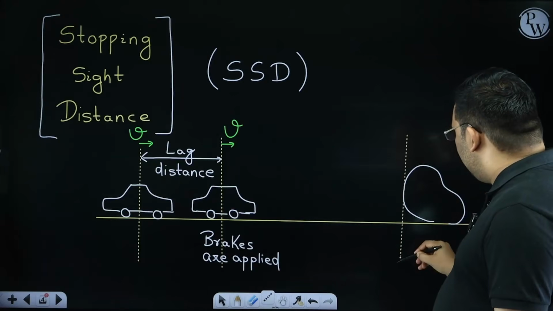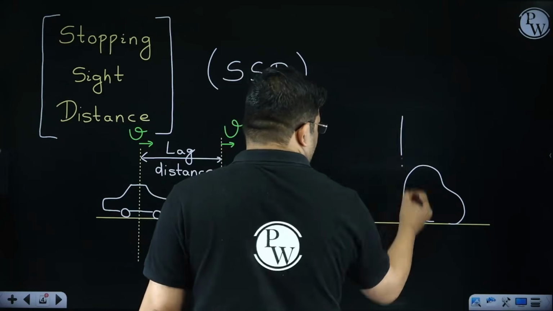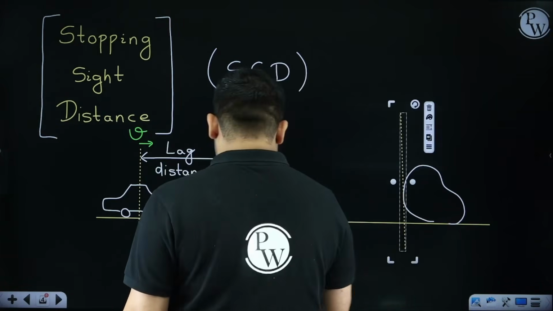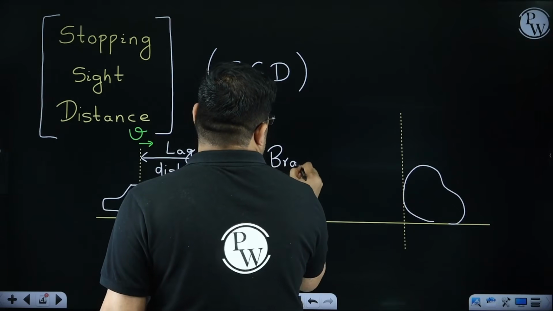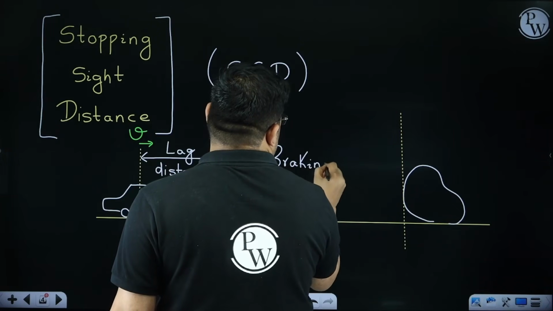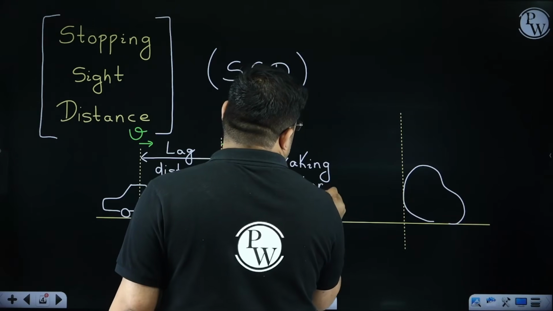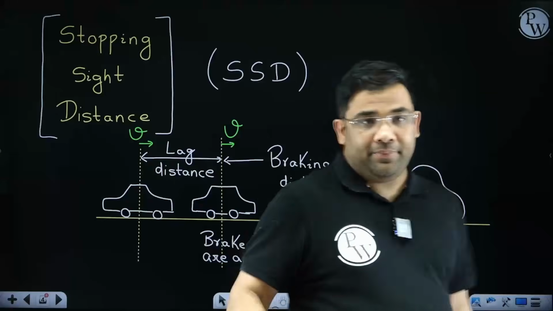And this distance is known as your braking distance. How can I define braking distance? I can say this braking distance is the distance covered after the application of brakes.